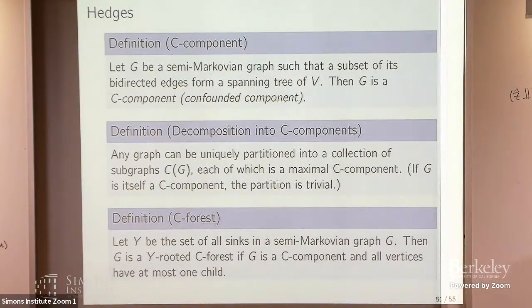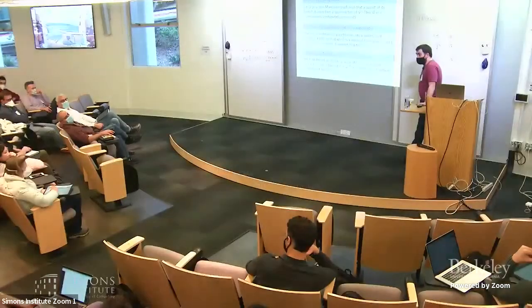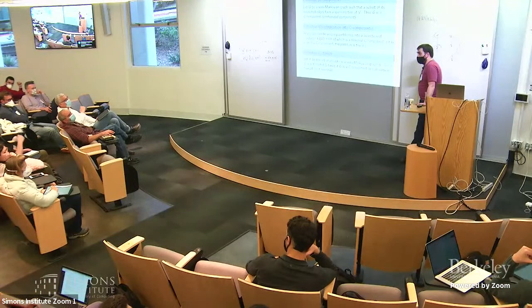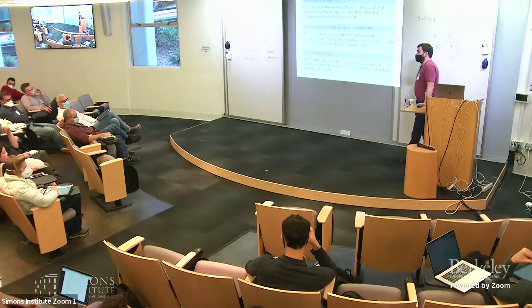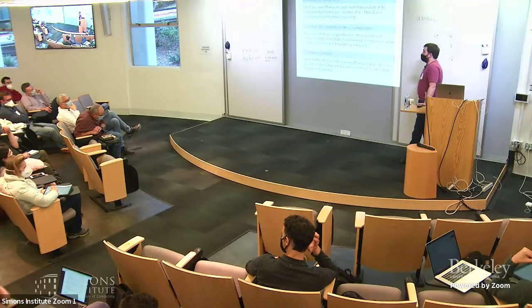We have these bidirected edges when we have one unobserved variable pointing to the two. But what do we do if we have one unobserved variable that points to three or four? Do we have a notion of a hyperedge here, or do we just put in all dashed pairs amongst these three?